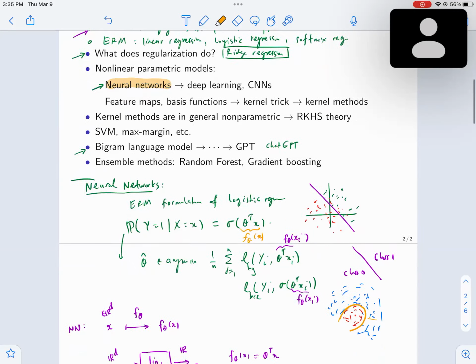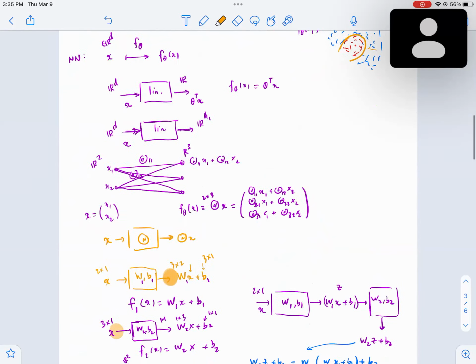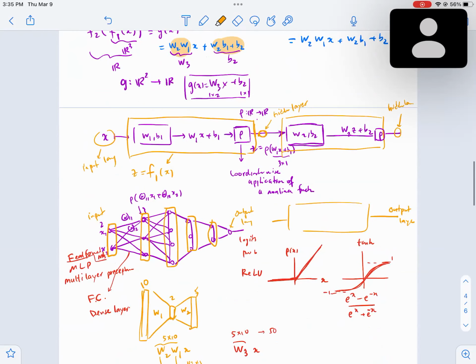Okay, and we saw, for example, that you can combine. So this is how you usually represent these. You have the input, and then it goes through a linear map, and you have this hidden layer, and the nodes are called neurons, basically.